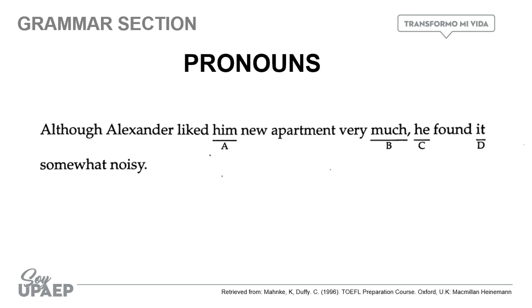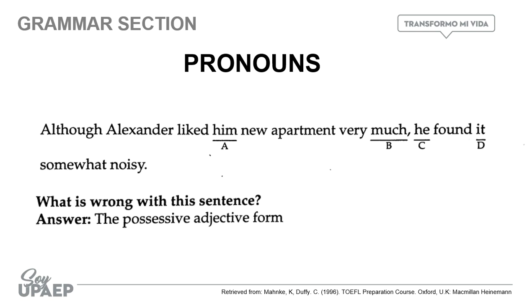Let's do this sentence together. Although Alexander liked him new apartment very much, he found it somewhat noisy. Take a minute in order to identify what the mistake is and try to correct it. So the problem is letter A. Why?